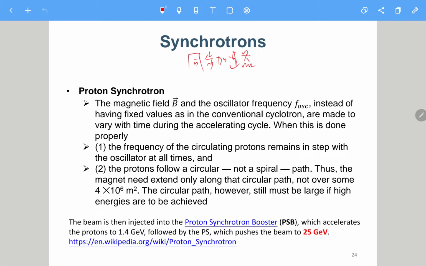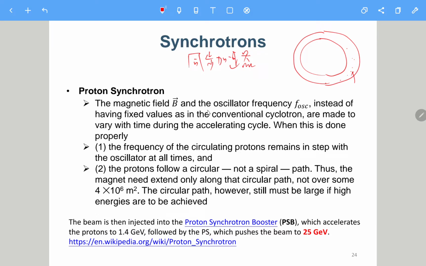So for the synchrotron, we try to make it like a ring, so that we only provide B field uniformly inside this ring, so that the area should be smaller and we can provide a larger B field inside this synchrotron. This is the point here.